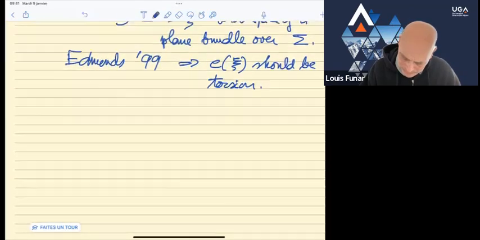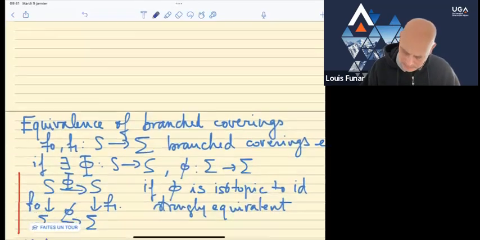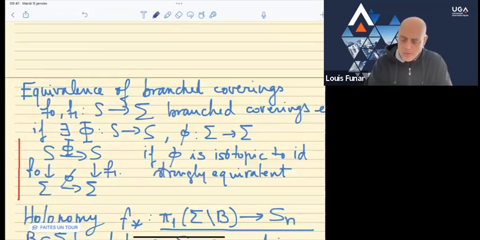So let's go on. Recall that there is an equivalence for branch coverings, which is completely similar to that which you used for the braided surfaces.